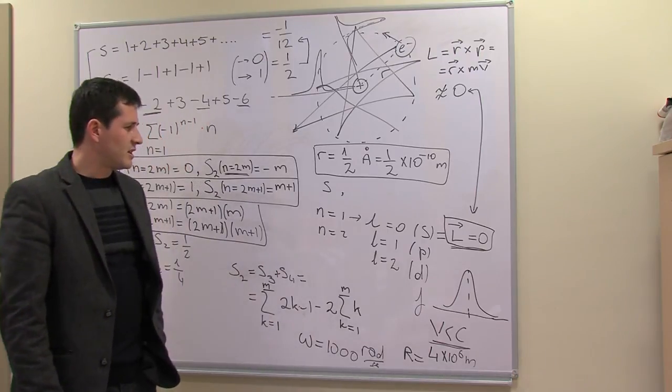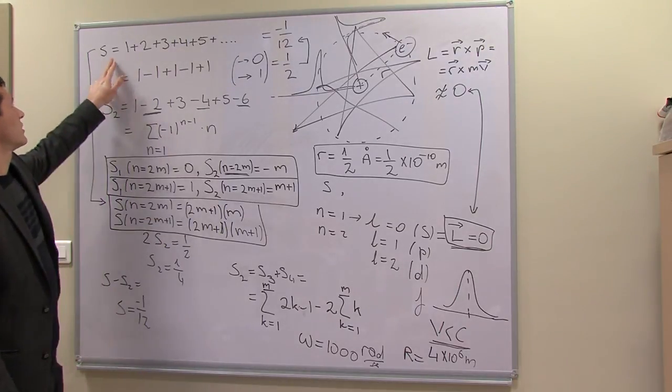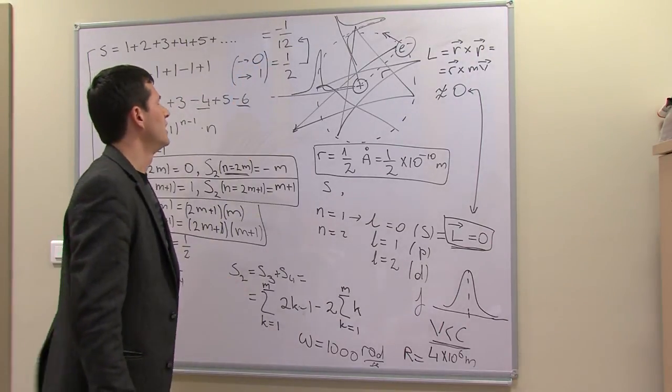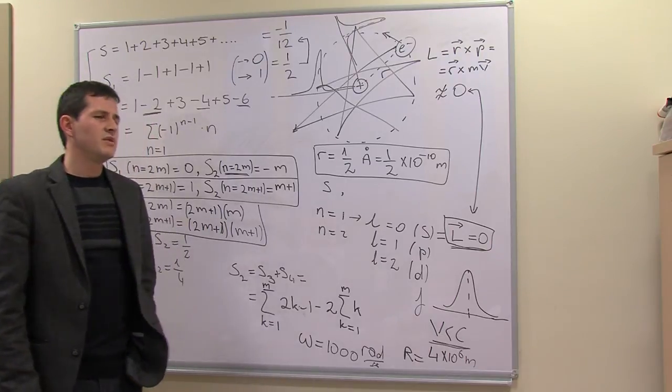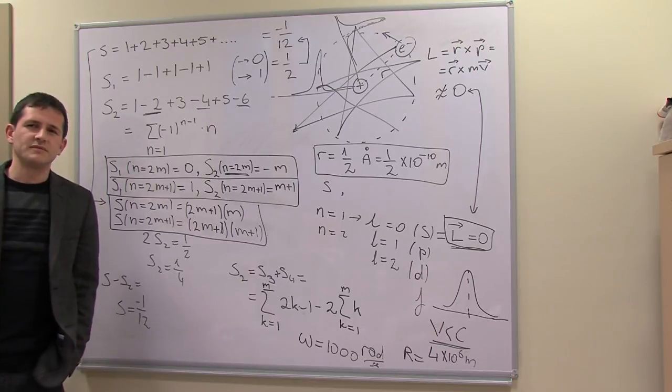And now there are some other proofs that try to prove this result of S going to -1/12, which are done by pure mathematicians. Maybe we need to look also from their perspective to see what is going on.